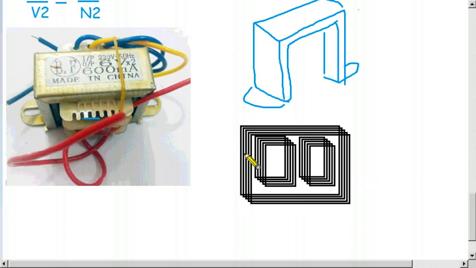Then we get a sort of cube like this. You see, a cube. After keeping one over one, they look like this. It's a cube. We can make a cube using small iron sheets.